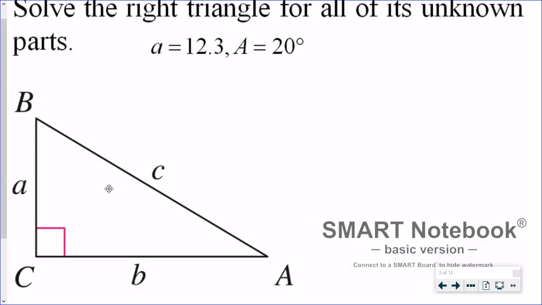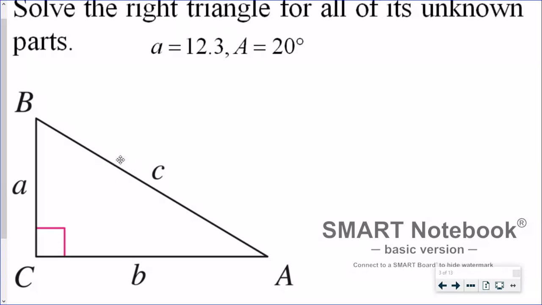Now, the side and the angle across from it, or opposite from it, always share the same letter. So for angle A, side a is across from it. Angle B, side b is across from it. Angle C, side c is across from it. You can name a triangle whatever you want.